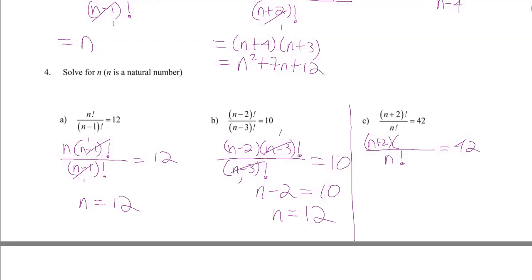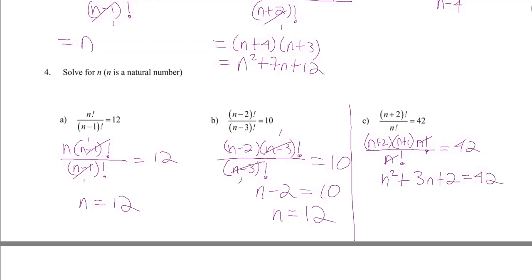Do we stop at n plus 1? Nope. What's next? N. Then we stop, because when we stop, that becomes n factorial. In the denominator, we've got n factorial. These cross off. These multiply.